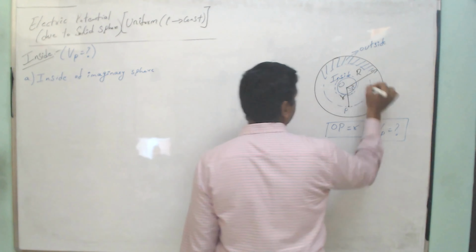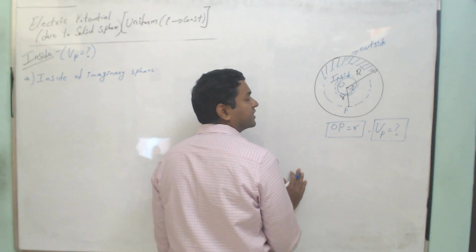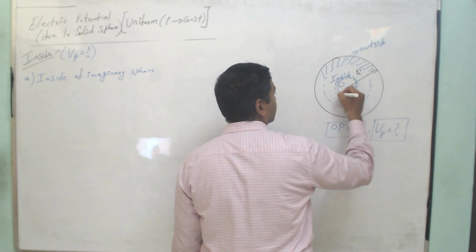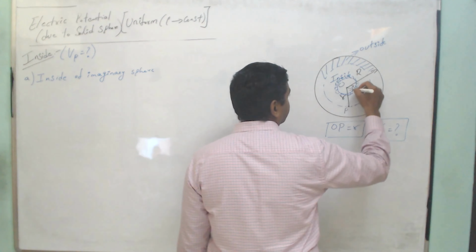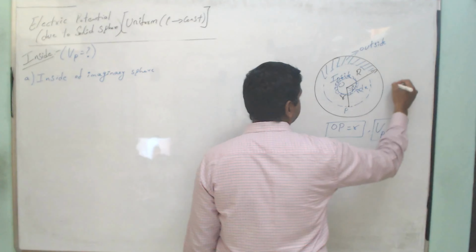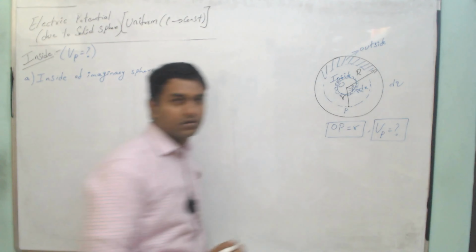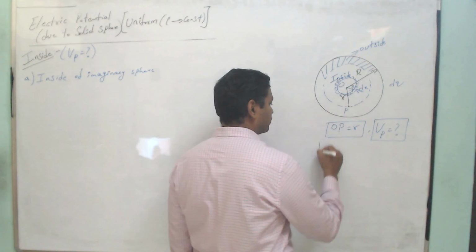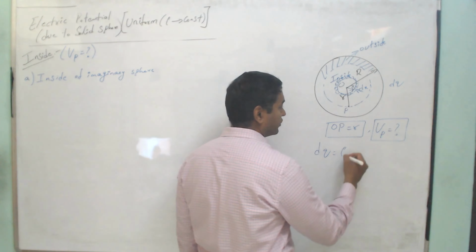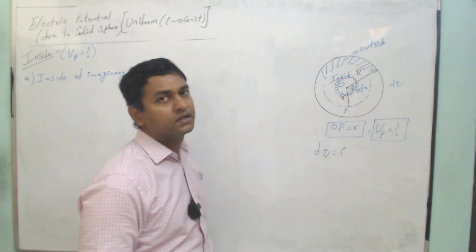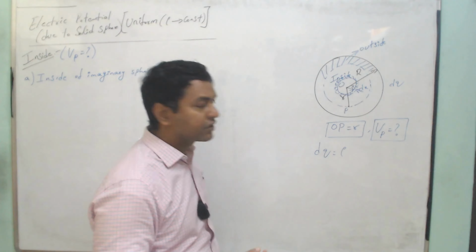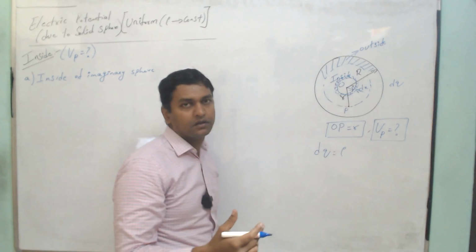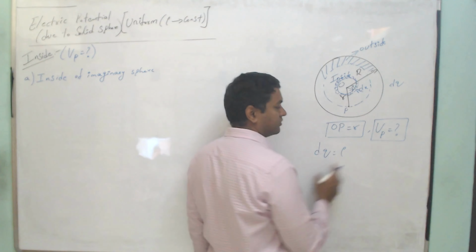This width will have dx and the charge it will have is dq. dq is equal to rho into, actually, that particular width which has dx will have a volume, right? So my dq will be rho times dv.